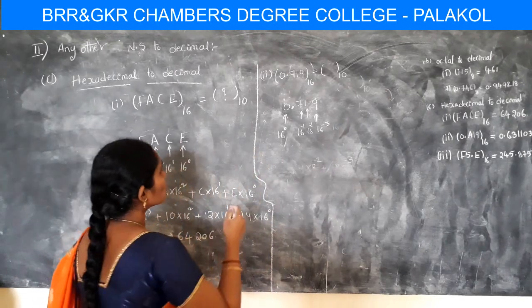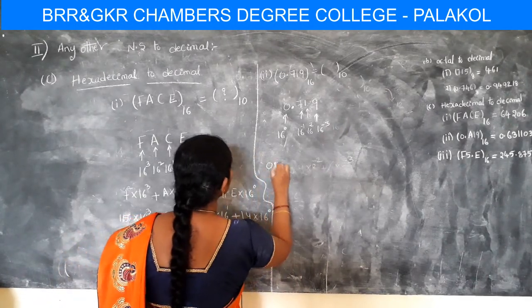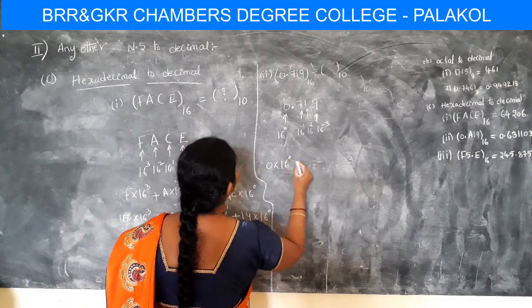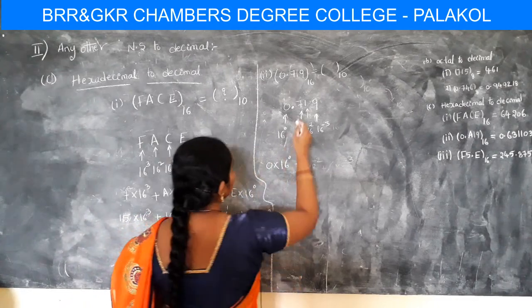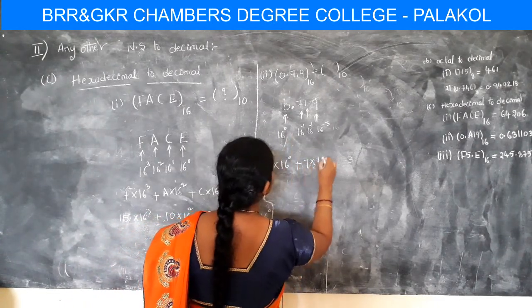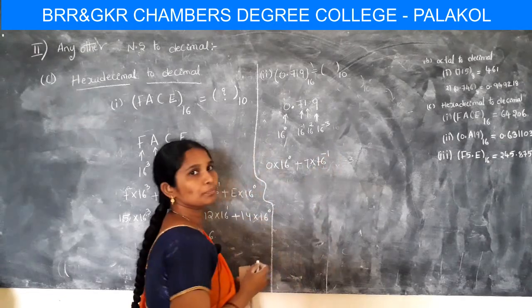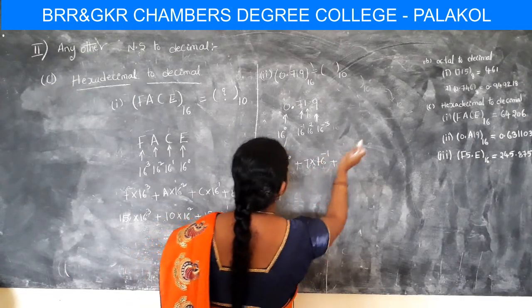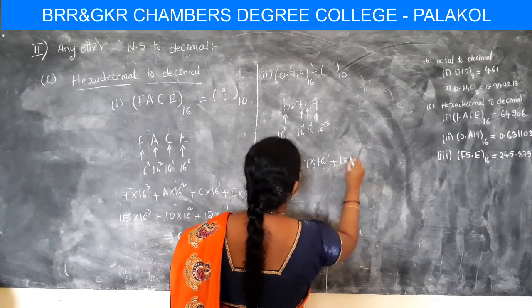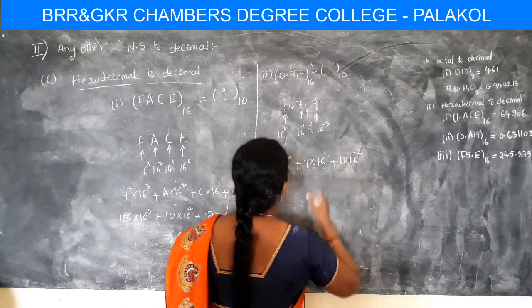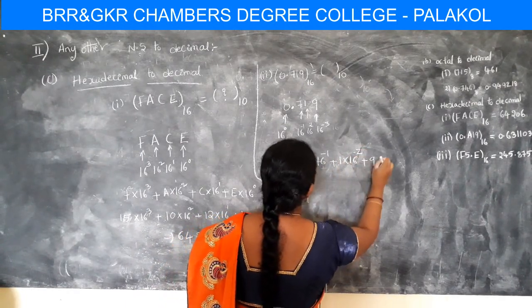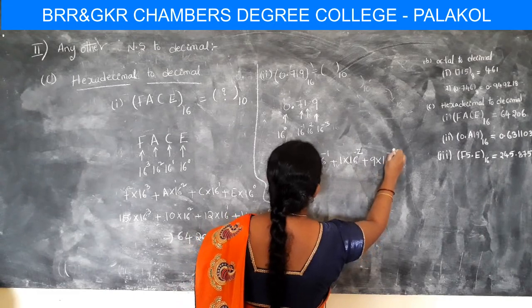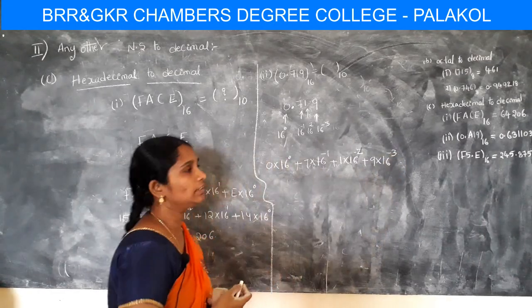Okay, so after that 0 into 16 power 0 plus 7 into 16 power minus 1 plus 1 into 16 power minus 2 plus 9 into 16 power minus 3.